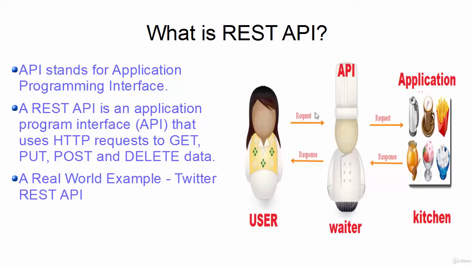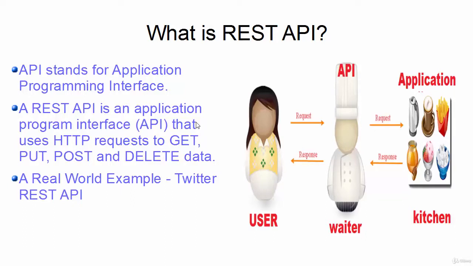So the user uses some intermediate service to access this resource, and this is the job of an API, which is the waiter in our case. A REST API accesses this resource on the client's request and then responds with a representation of the result to the client. So we can say that a REST API is an intermediate service to access some resources.